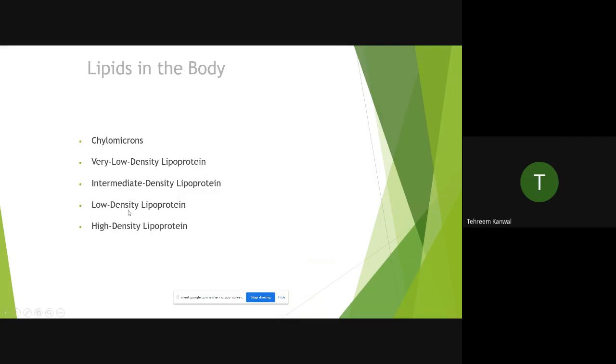If you are wondering why I am saying low density lipoprotein is bad for our body, it is because the density here denotes the protein part of this vacuole. So low density lipoprotein has less protein but higher cholesterol and lipid in it, while high density lipoprotein has more protein and less cholesterol and lipid in it.